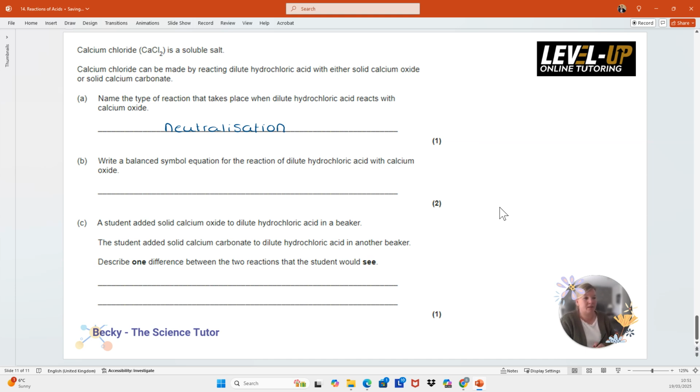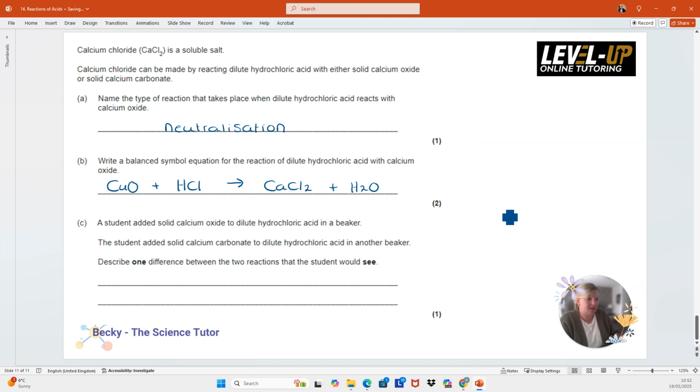Write the balanced symbol equation. Okay, so I'm almost going to start backwards, and I'm going to start with my CaCl2 plus the water. So what do I need? I'm using calcium oxide, which is CuO, plus hydrochloric acid, which is HCl.